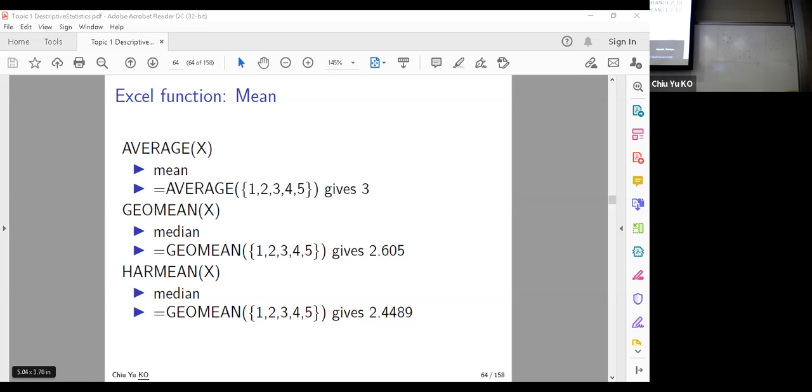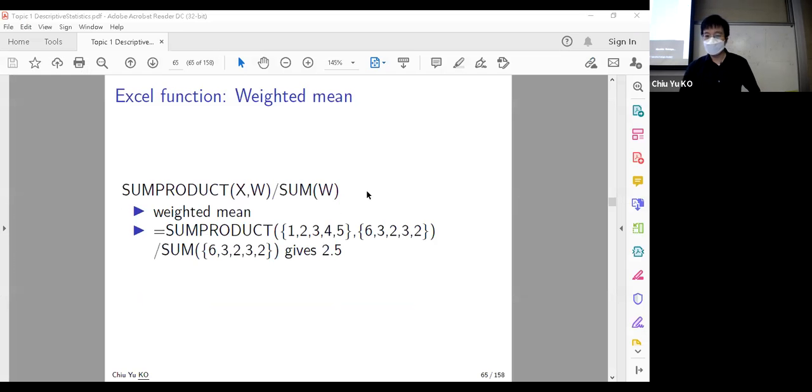So what we need to do is a shortcut we call the sum product function. Let's show you. After this, we have a break. So what we call is the sum product function.